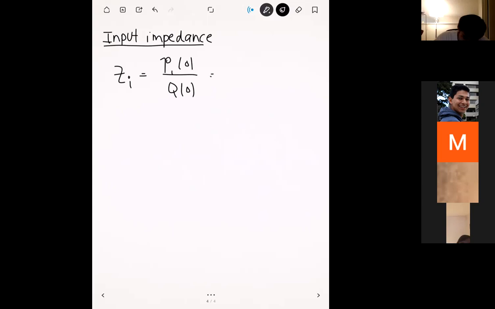If we evaluate that, what we get is Z naught, which is our characteristic impedance, times 1 minus gamma e to the minus 2 lambda L, divided by 1 plus gamma e to the minus 2 lambda L.